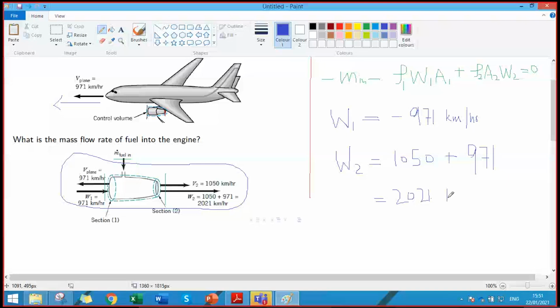So now in our equation, which we have written here, we know all the values. Just the unknown is m dot n.